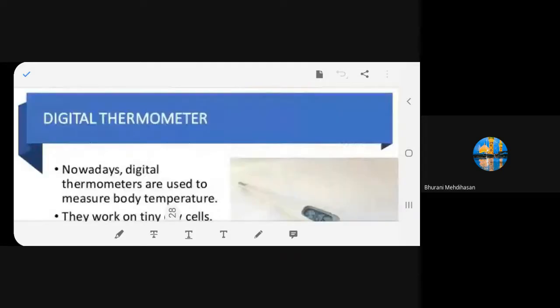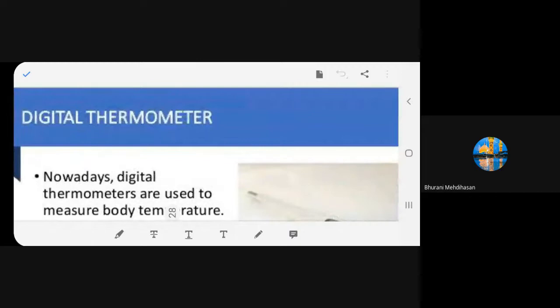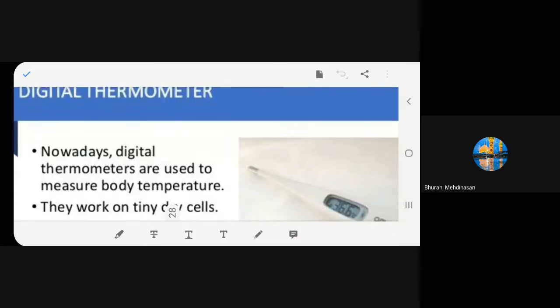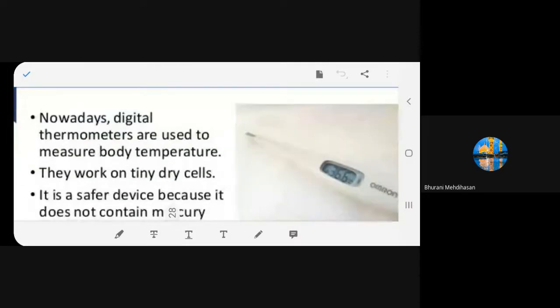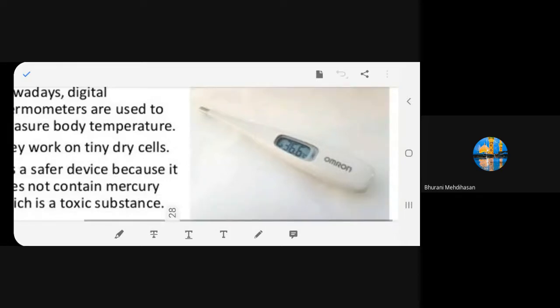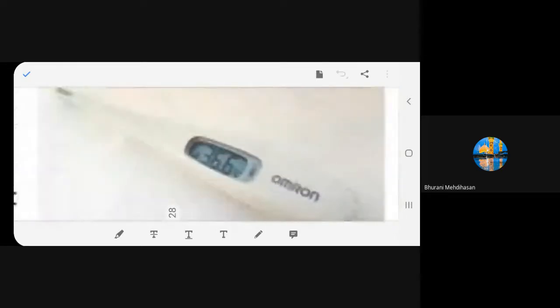Now, the third thermometer that we are going to learn is the digital thermometer. Instead of the ordinary clinical thermometer, nowadays we are using the digital thermometer. Why? Because it is used to measure body temperature. This is how it looks. You must be having it at your home.